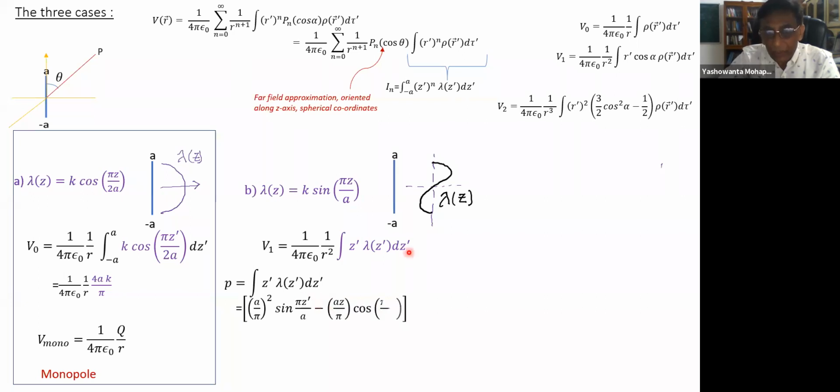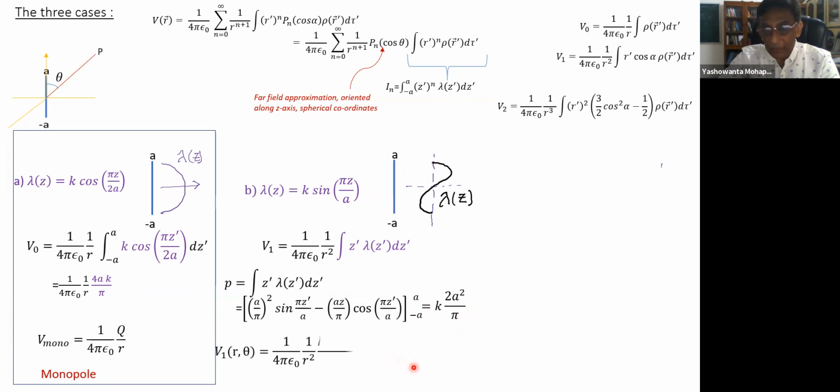And this is also a simple integral. I've just integrated k sine pi z by a, from minus a to a. With sine pi z by a and the cos pi z by a, between minus a and a, if you plug in the values of minus a and a, you get k 2a squared by pi.